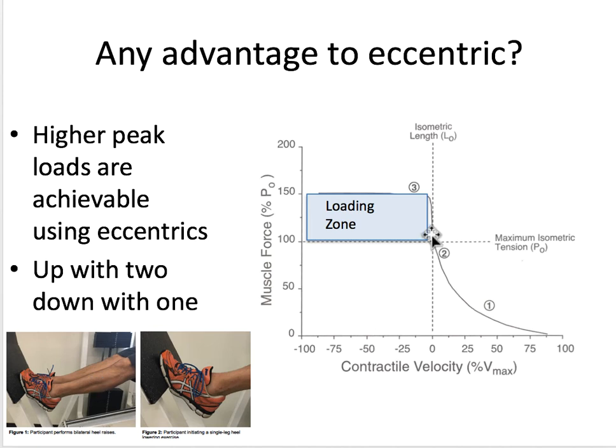So what we'd be doing is pushing them into this higher eccentric loading and then having them lower that exceedingly high weight with one leg. So up with 2, down with 1. But the key is the up with 2 has to be more than they can concentrically contract with one leg in order to hit this eccentric loading zone. By using that technique, it's possible to load the tendon much more than you would doing just concentric exercises.